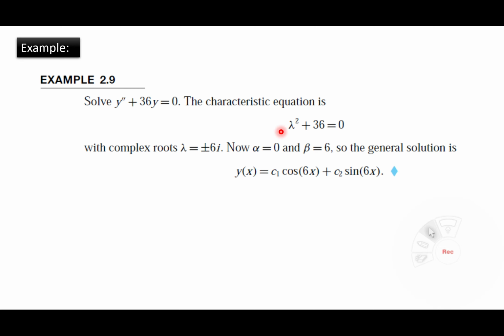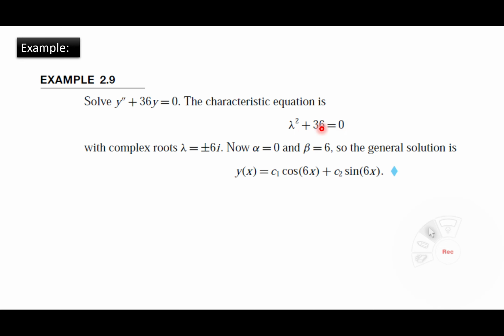So we have lambda squared plus 0 plus 36. Where is a here? Exactly, it doesn't exist, because y prime doesn't exist. This means that a equals 0. So our characteristic equation is lambda squared plus 0 times lambda plus 36 equals 0.